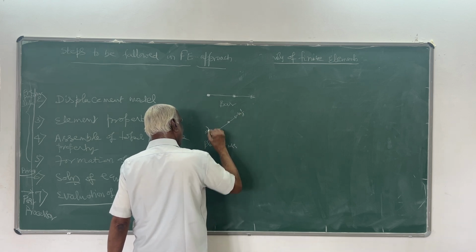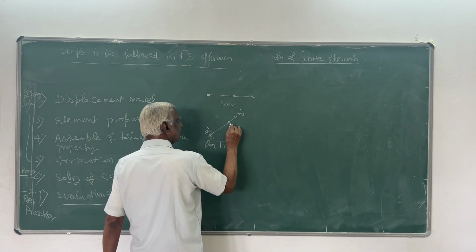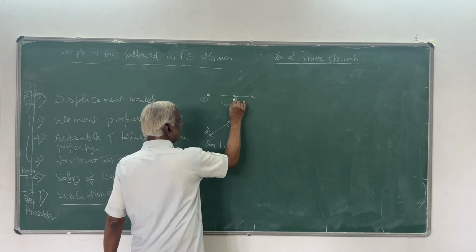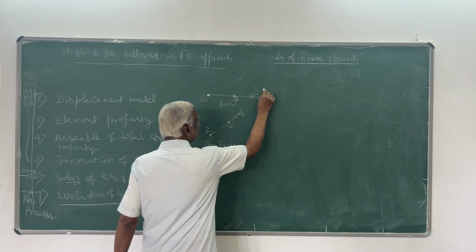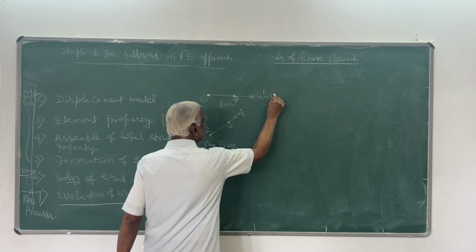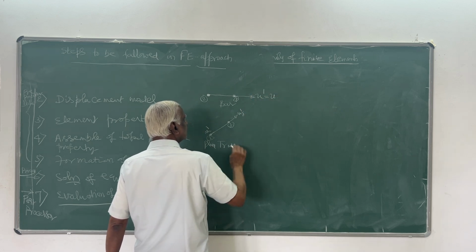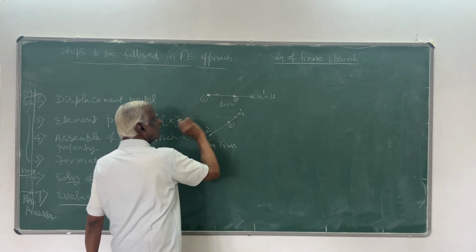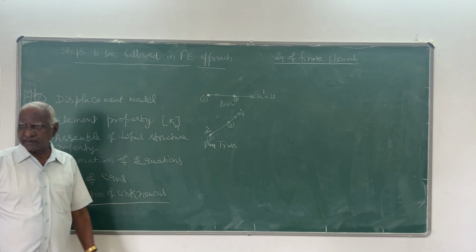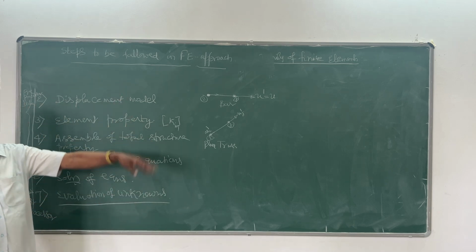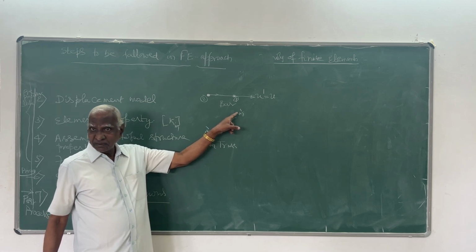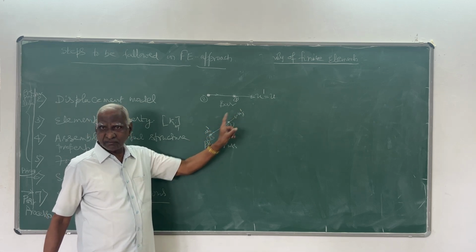Two nodes here, i, j. Only one displacement per node in local coordinates, with the subscript I have given.